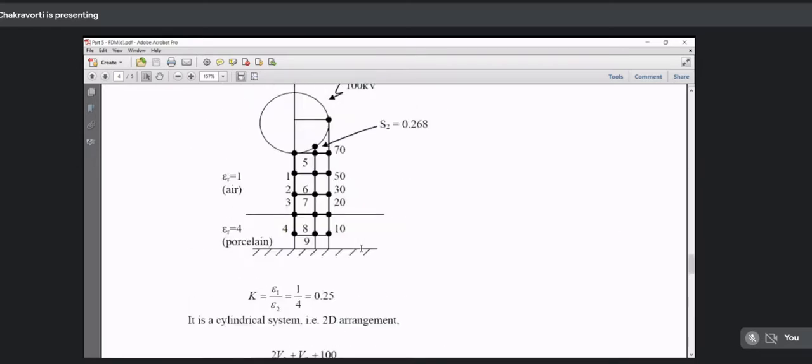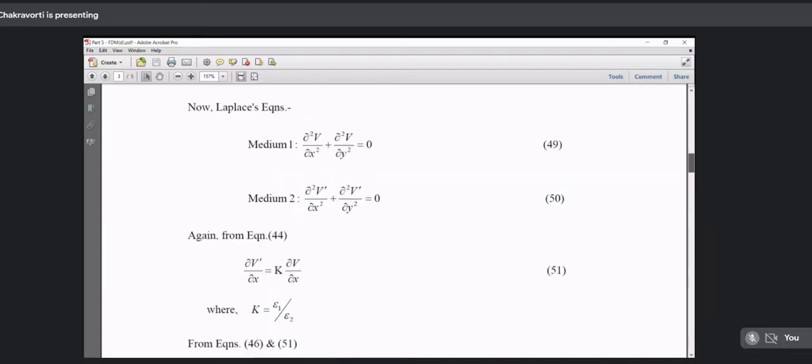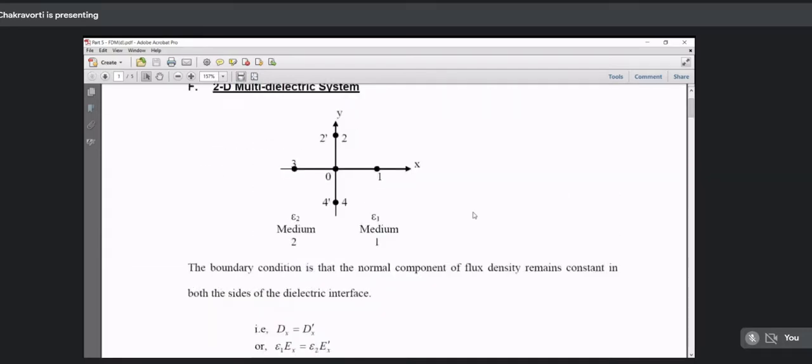What I repeat is that you always have to identify, for your target node, which one is your node 1, in medium 1, which one is your node 3, in medium 2, and then nodes 2 and 4 will be along the boundary, because that is how we have developed the equation. Node number 1 is in medium 1, node number 3 is in medium 2, and 2 and 4 on the boundary.